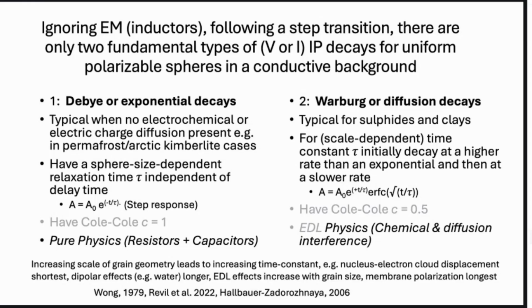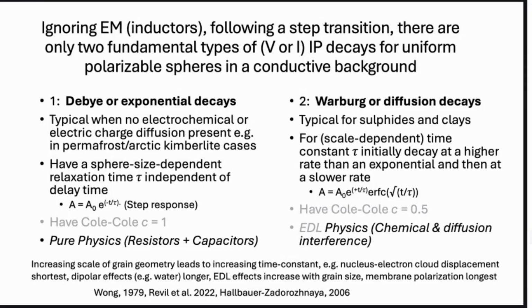The charge disperses with an exponential time constant. And sort of pure physics like resistors and capacitors, the time constant of decay is sort of consistent with delay time. It's always the same exponential decay.